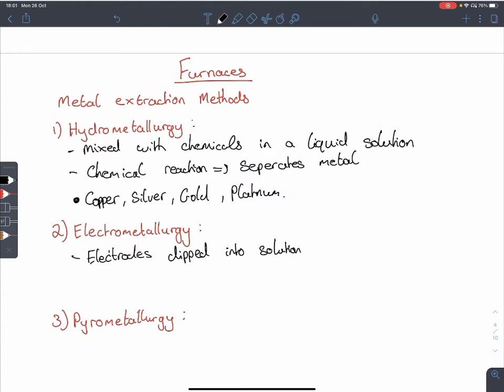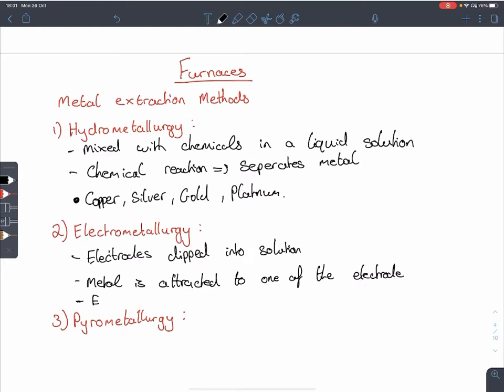Electricity is passed through this and the metal is attracted to one of the electrodes. This process is called electrolysis.